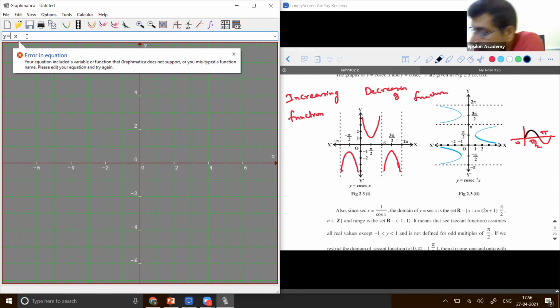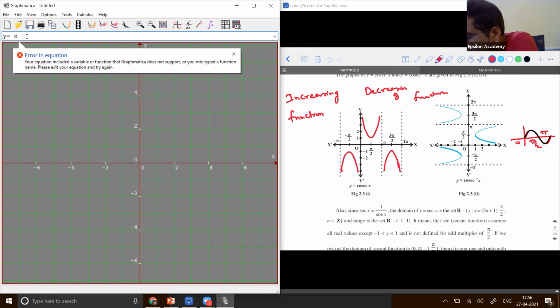Correct? From pi to 2 pi, what is happening? It is decreasing and then increasing. So for me to make a function one-to-one, I need to choose a particular range of values of x where the function is either completely increasing or completely decreasing. That's what we did till now.